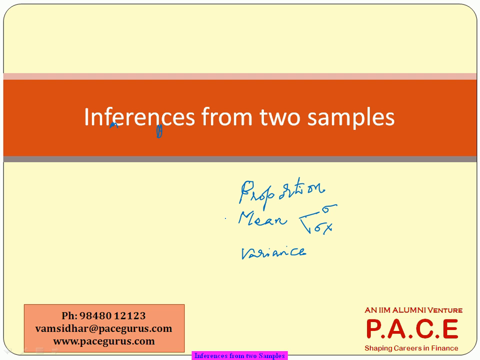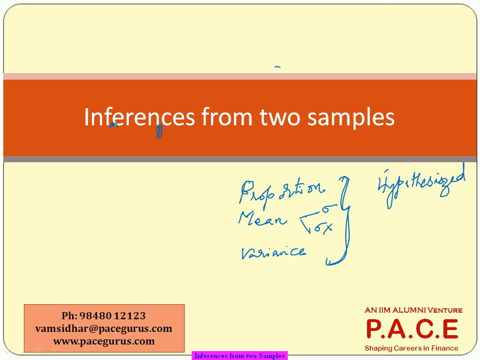So primarily, these were all hypothesis tests where I have tested the values against a hypothesized value in an absolute sense, such as proportion greater than 40%, or probably mean height 170 centimeters.